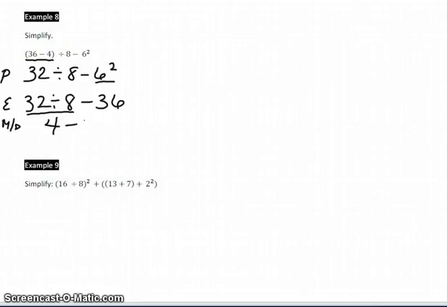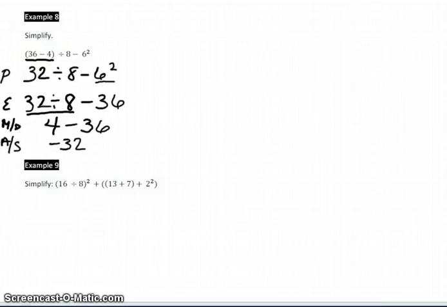And I write the rest of the problem down. Now I'm Aunt Sally. So that's add or subtract left to right. And I have 4 minus 36, which will give me negative 32.